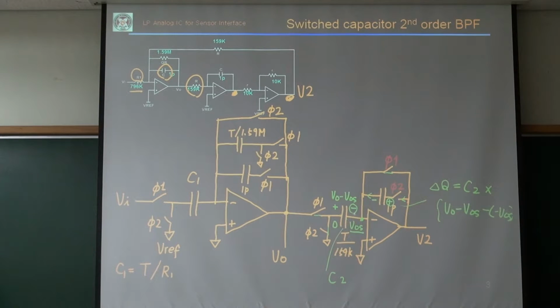Yeah, see, at the end of phi 1, the charge Q was C2 times VO minus VOS, right? The charge at the end of phi 2 for this C2 is C2 times minus VOS, right? The change of charge on C2 is accumulated on this feedback capacitor, right? Okay. So because that one is only C2 VO, right?